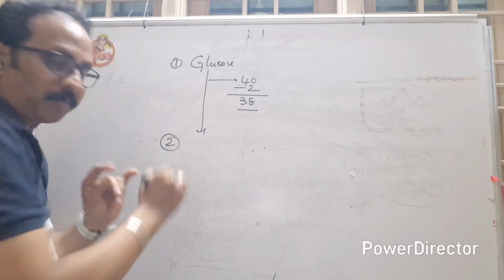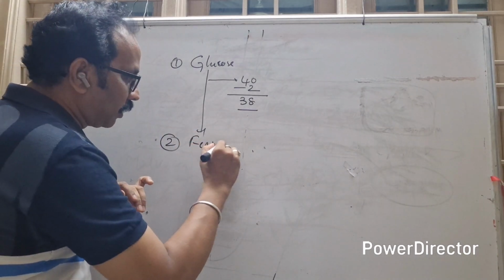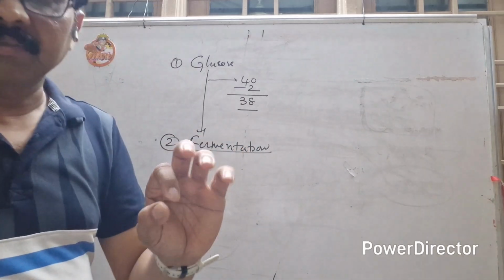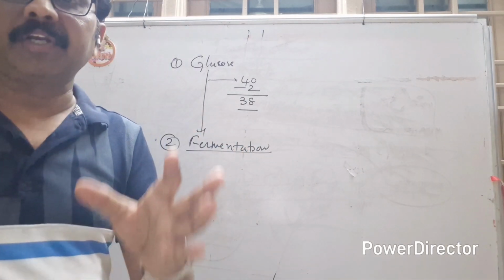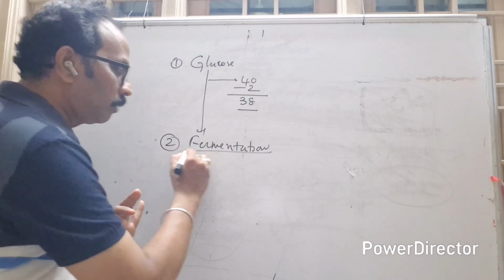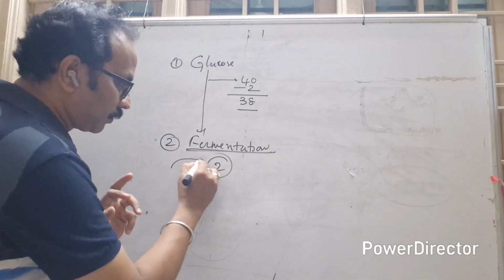First you have to remember this. Second, what is the net ATP for fermentation, whether lactic acid fermentation or alcoholic fermentation? The net ATP for fermentation is 2. These two come from glycolysis.